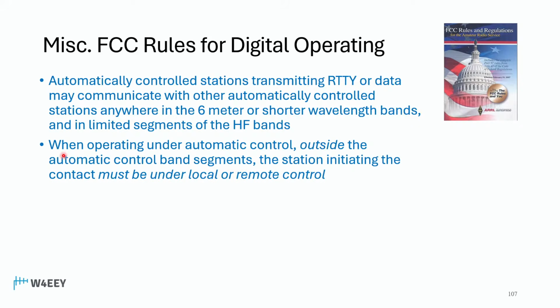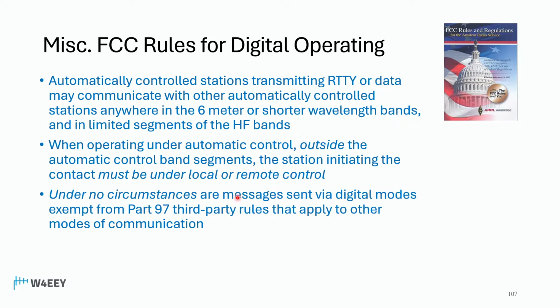That's what that means. When operating under automatic control outside the automatic control band segments, it's okay to do that, but the station initiating the contact must be under local or remote control. In other words, you've got to be there. Or you have to have direct control of it in case of remote control. Under no circumstances are messages sent via digital modes exempt from Part 97 third-party rules. Well, what's third party?